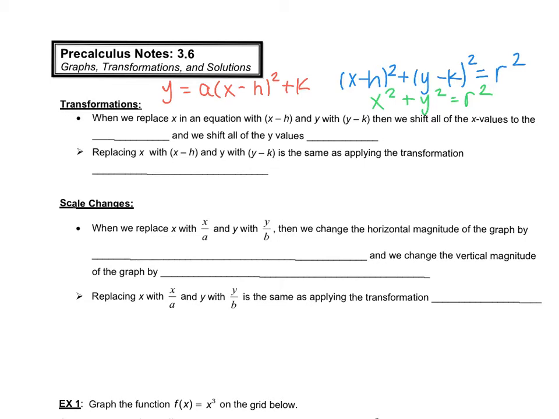Well, let me go back here. This transformed the graph of y equals x squared. There we go. So the parent function x squared, which usually has its vertex at 0, 0, when transformed by h and k, which we found in the graphing form of an equation, it moved the vertex. And a, we saw, would either vertically stretch or compress it.